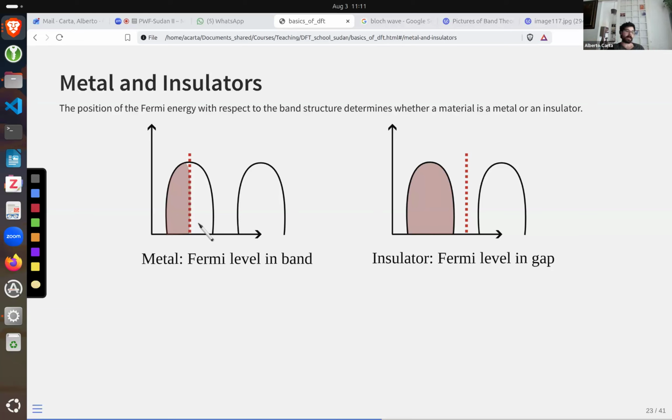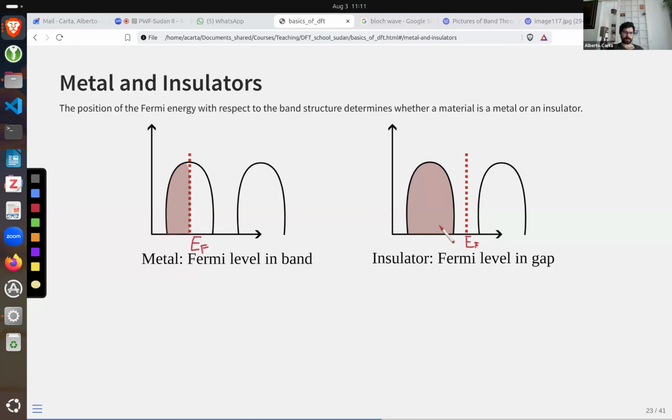An insulator is a different story. In an insulator, the Fermi level generally falls in a gap. The Fermi level is this thing in red. Same here. So everything below the Fermi level is occupied and everything above is unoccupied, which means you need a lot of energy to excite the system from the occupied states to the unoccupied states.